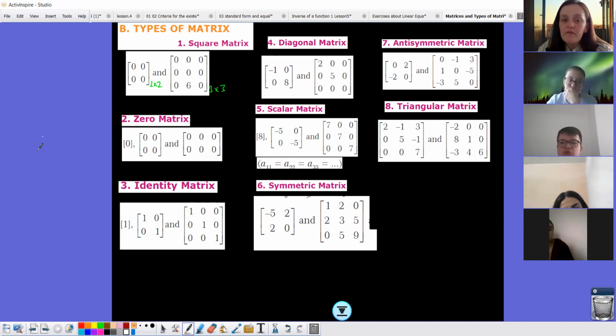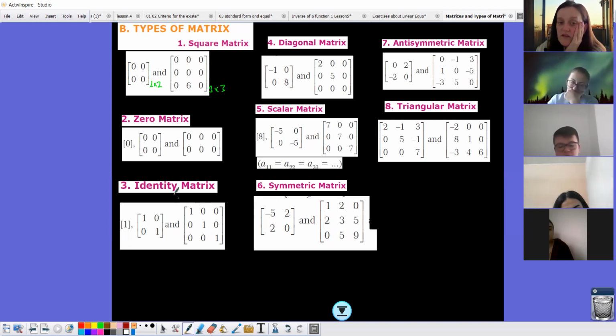Teacher, it can be A11, A22, A33, A44, is it like that? Yes, A11, A22, A33 if your matrix is 3 by 3. They are all ones. The other entries are zeros.